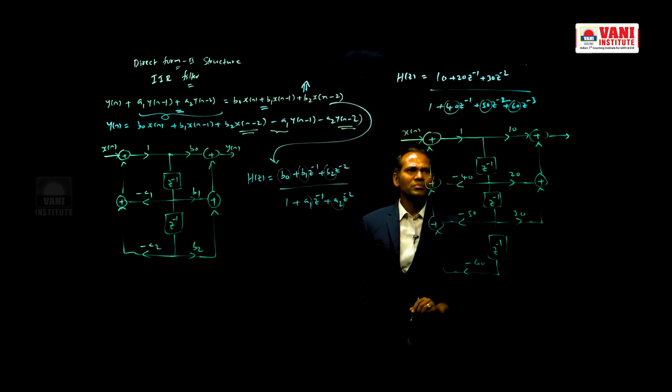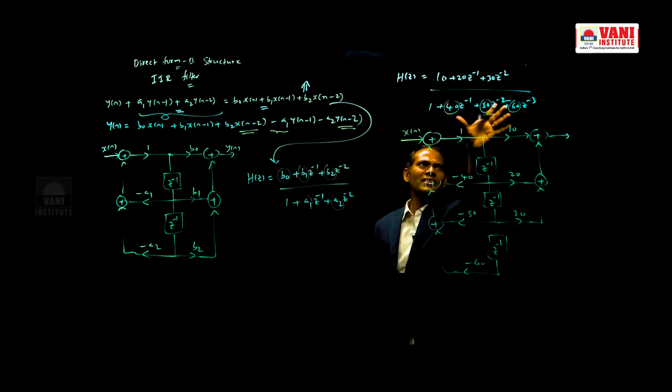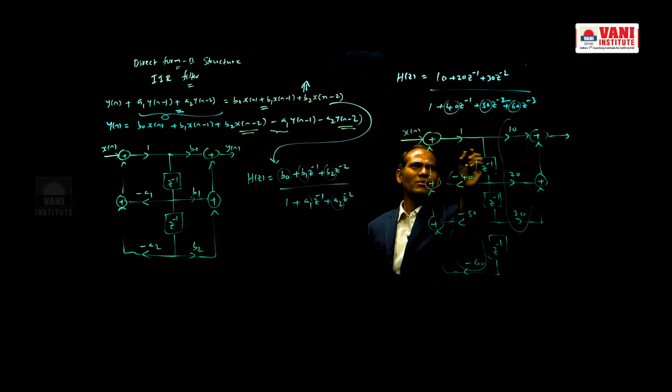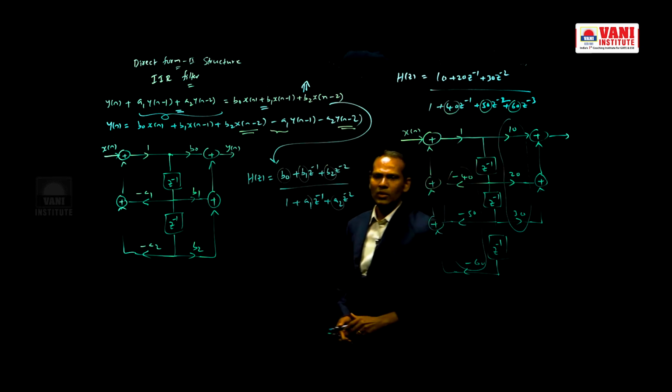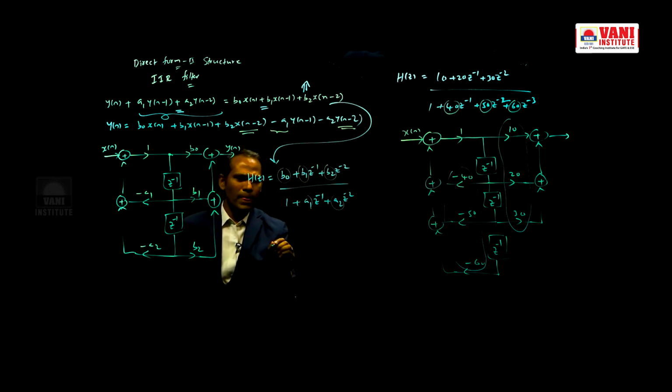So finally, like this we can draw based on H of z. Always write these numbers with opposite sign, these numbers with the same sign. Always this number will be 1.